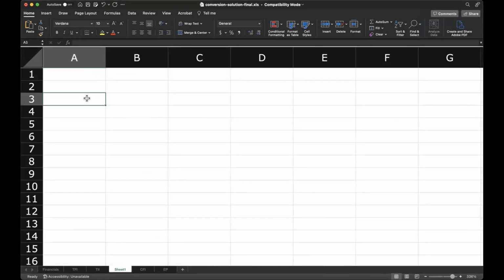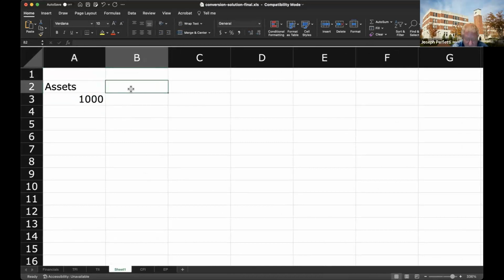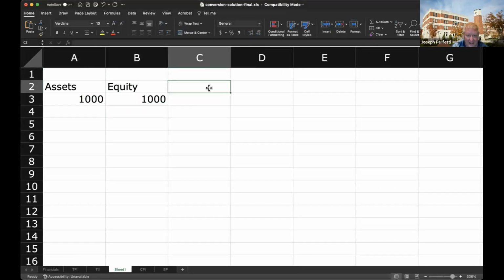I have a business that has $1,000 worth of assets. Okay, and let's assume it has no debt. So I have $1,000 worth of equity to account for. Okay, but here's what's really happening. Somebody owns 30% of this.